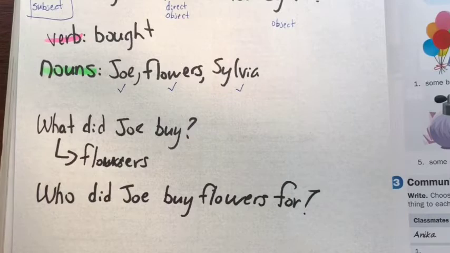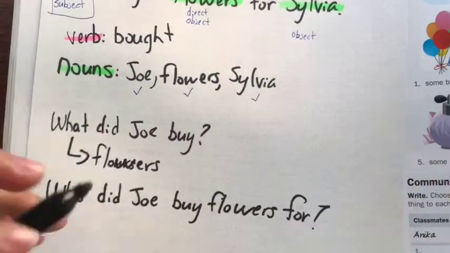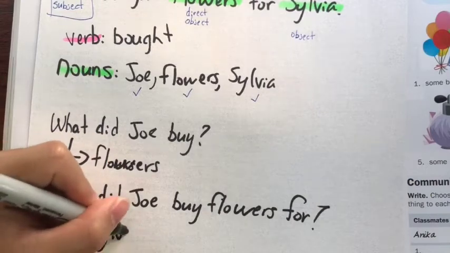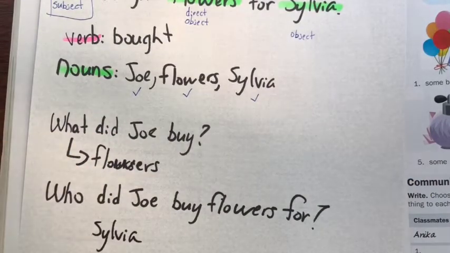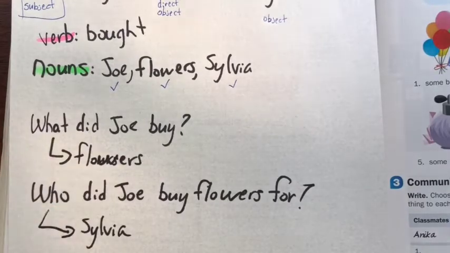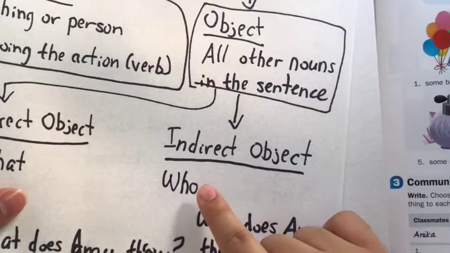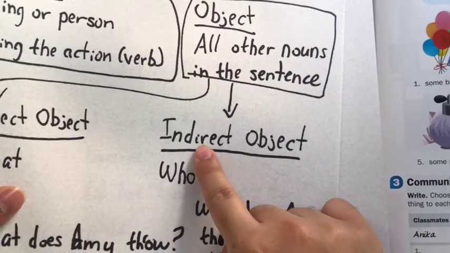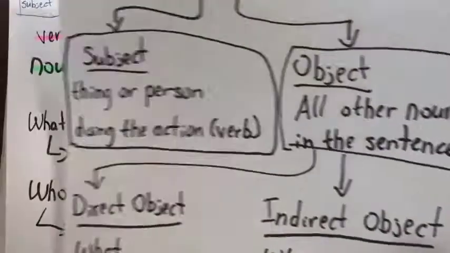For Sylvia. So, Sylvia answers the who question. Because Sylvia answers the who question, Sylvia is the indirect object.